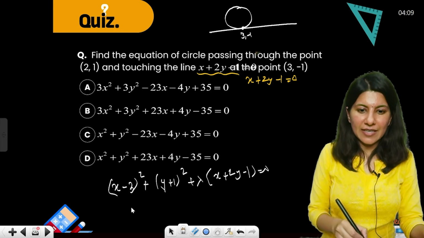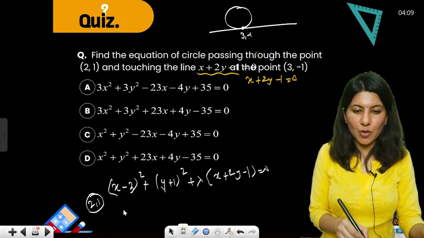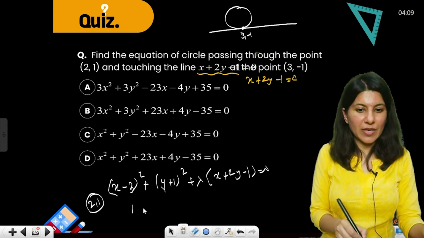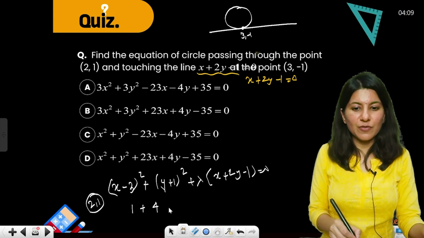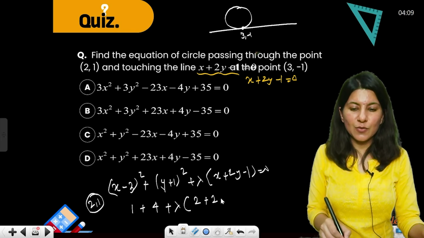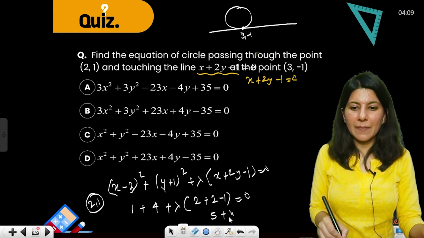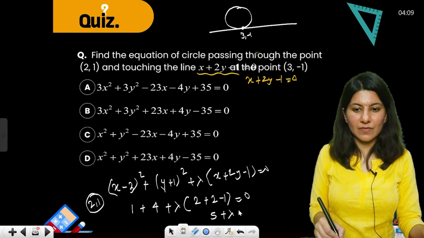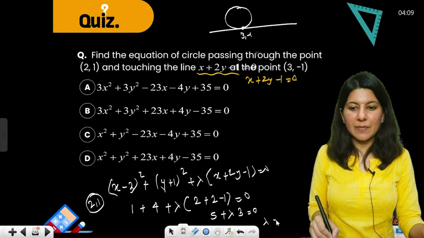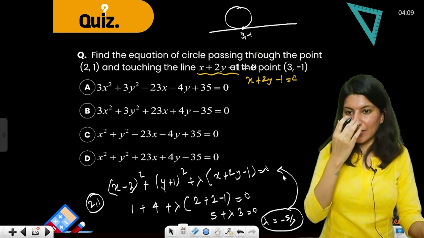Because it passes through 2 comma 1, if you put 2 and 1, 4 plus lambda times 2 plus 2 minus 1 equals to 0. 5 plus lambda times 3 equals to 0. Lambda is coming out as minus 5 by 3. Now you put lambda minus 5 by 3, you will get your answer.